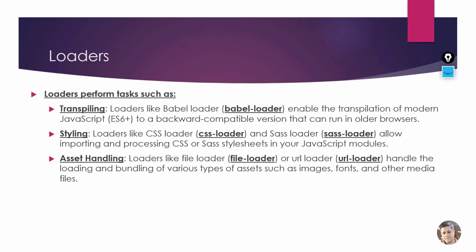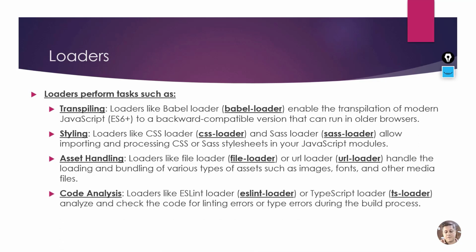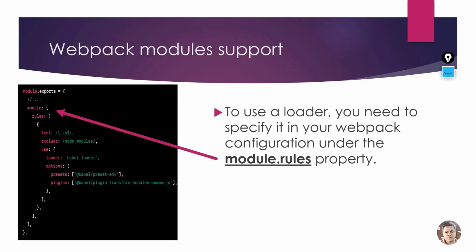Whatever media files you have, they need loaders like file-loader and url-loader so that it will pre-process and create them at the time of compilation. It also does code analysis with the help of ESLint-loader, or for TypeScript it uses ts-loader, and checks the code for linting errors and informs accordingly. Whatever you want to do, you have to write in the Webpack configuration and it will do it for you.